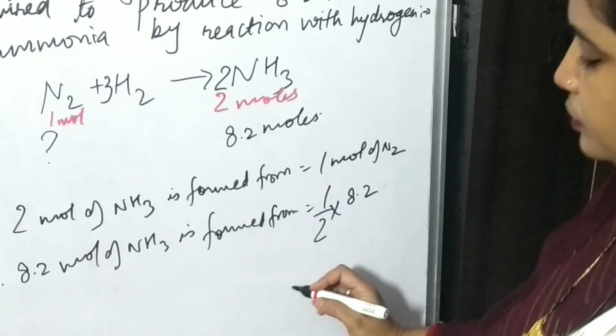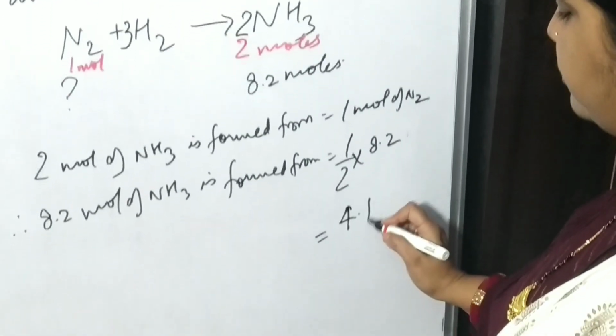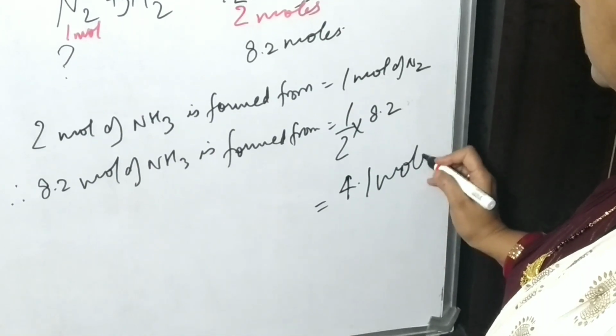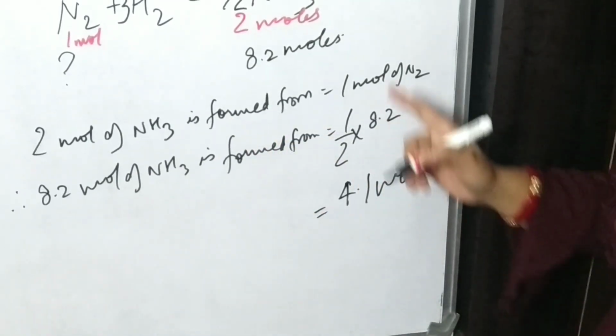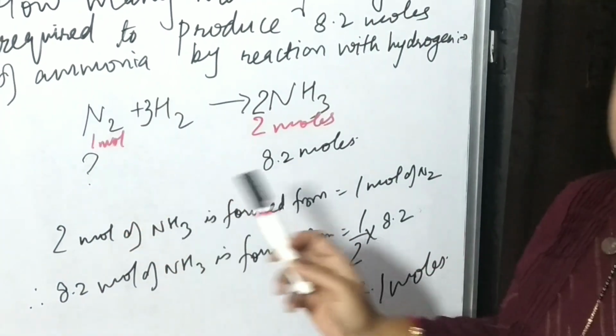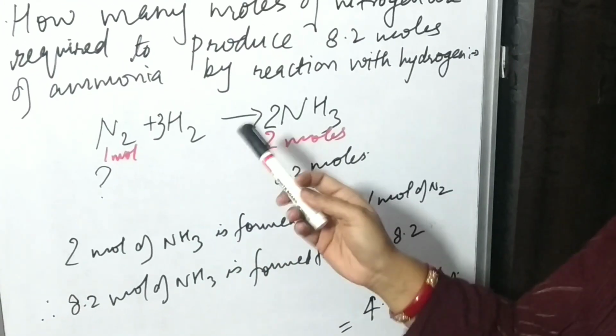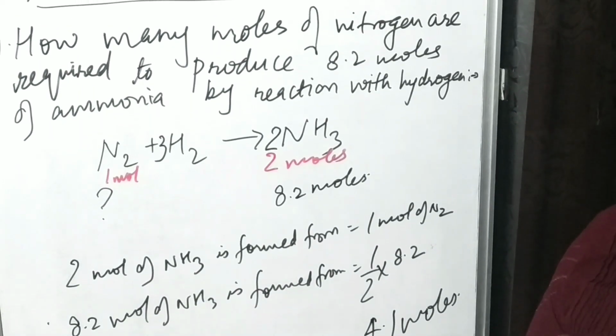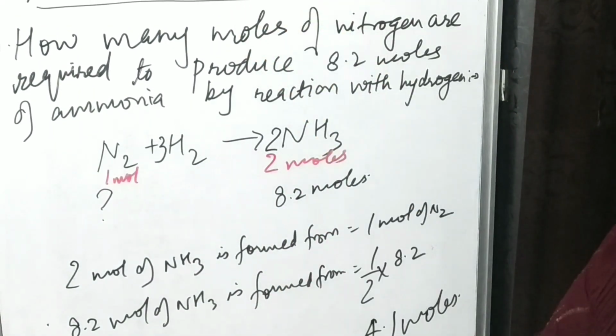Understood? So it will be 4.1 moles. So this is how you can calculate. If one compound's moles are given, you can easily calculate, but you have to write the equation balanced, otherwise your answer will be incorrect. Okay, now moving on to the second part.